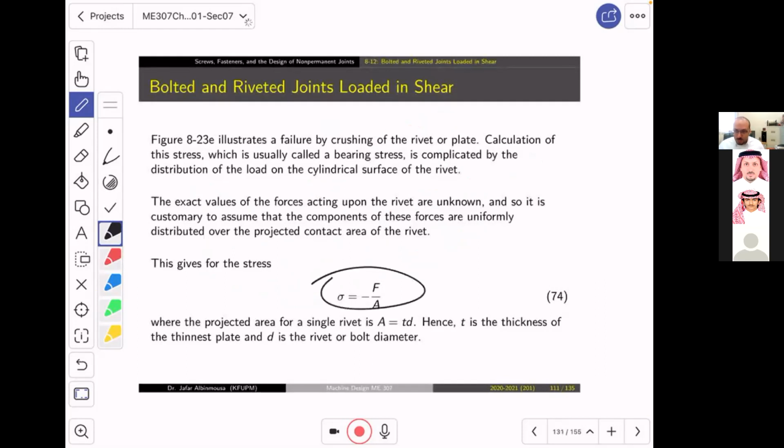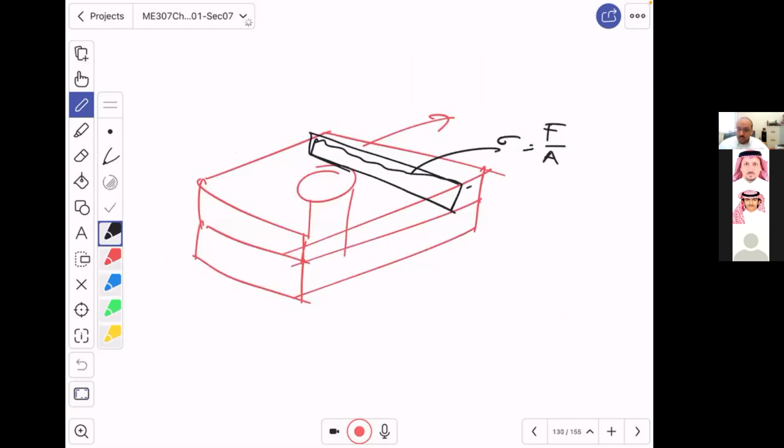Now, the bearing stress, if you remember, we said it's always negative because it is an area pushing against another area. In that case, you will always think, what is the diameter of the rivet, and what is the thickness over here? For one plate, this is the thickness of the plate.